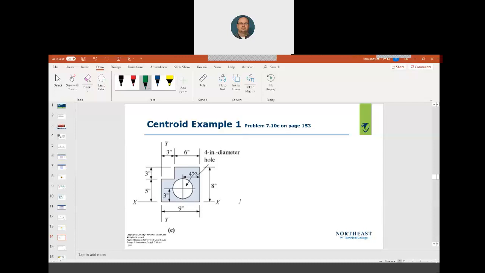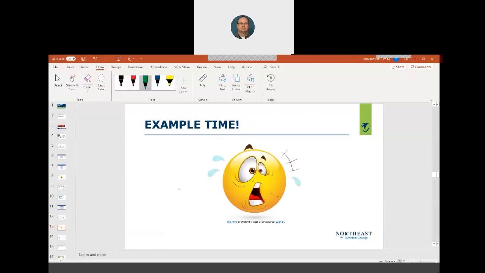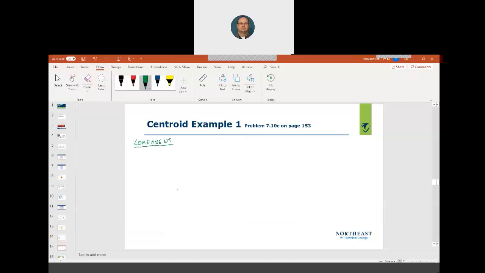So what I'm going to do is make one big box, and that's going to be called component 1. I know that box is 9 by 8. So component 1 is 9 by 8.